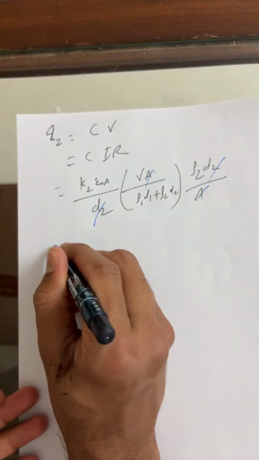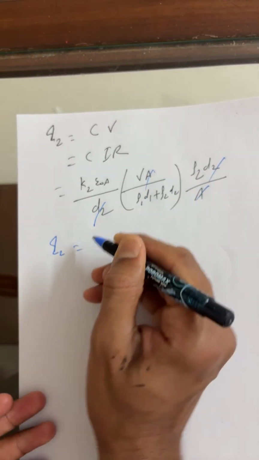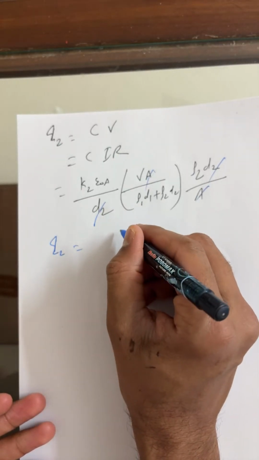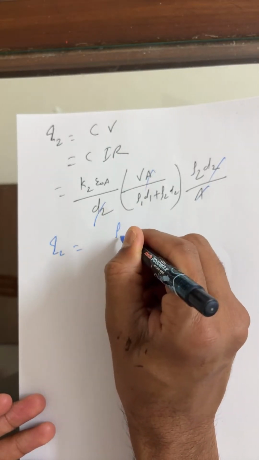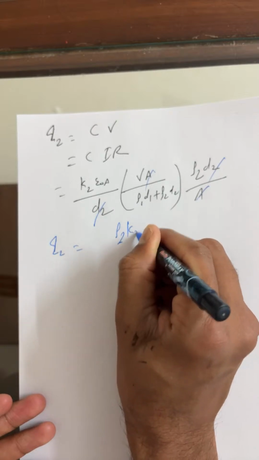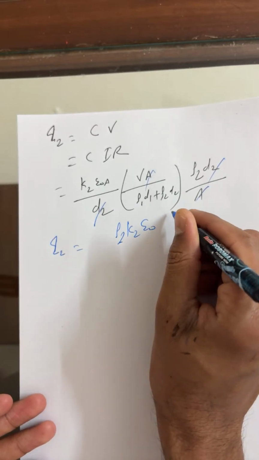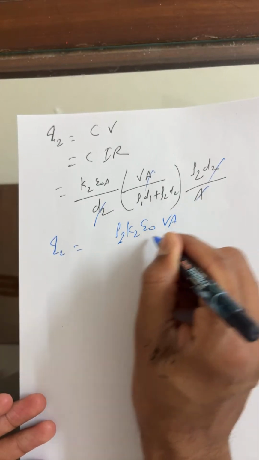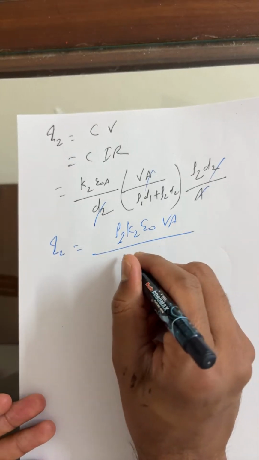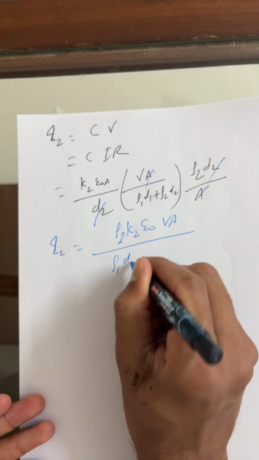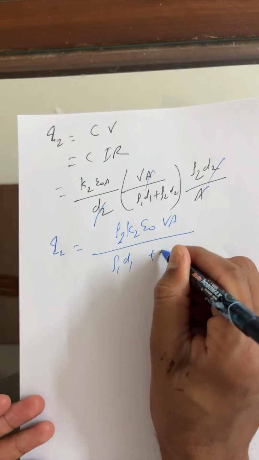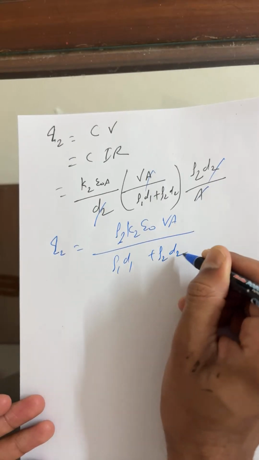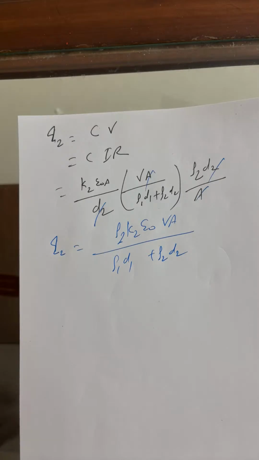So finally you can write Q2 is equal to rho 2 K2 epsilon naught into V into A over rho 1 D1 plus rho 2 D2. So finally we got these charges Q1 and Q2.